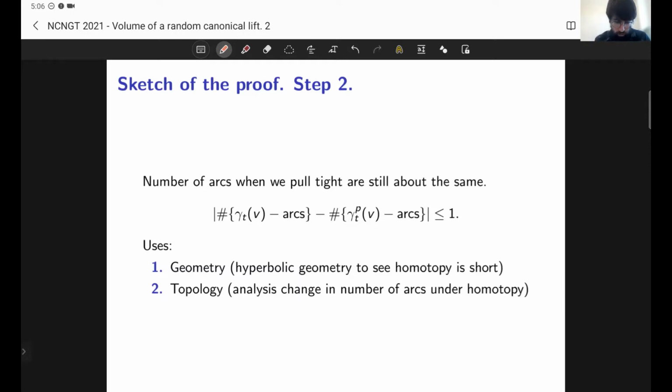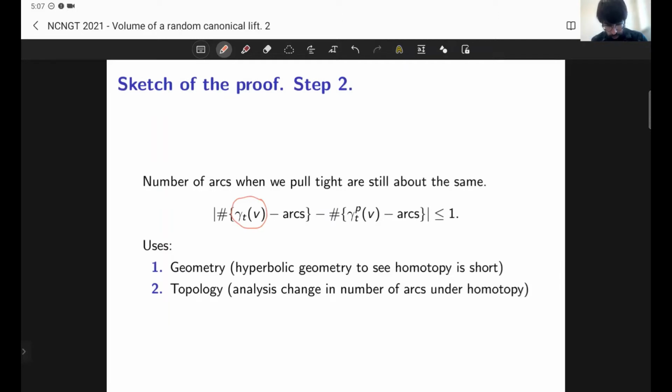The number of gamma arcs that you get, if you consider the closed curve that you get by constructing the random curve by following the geodesic flow for a long time and then shortcutting, is actually very close, at most it can drop by 1, in fact, to the number of gamma arcs for the primitive geodesic representative.